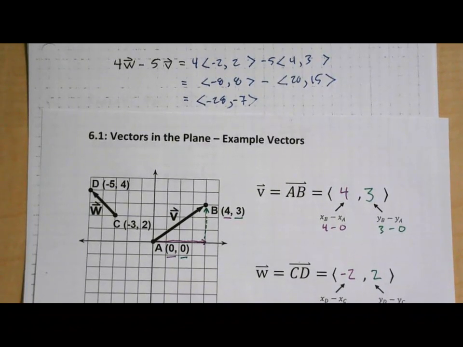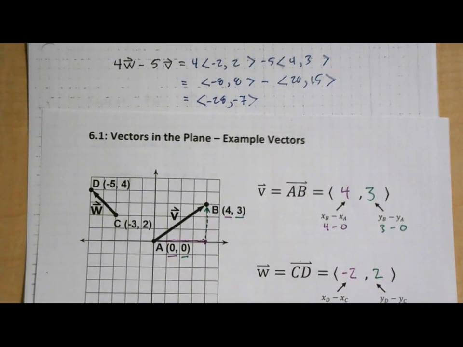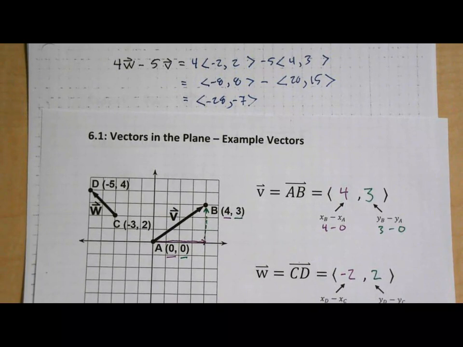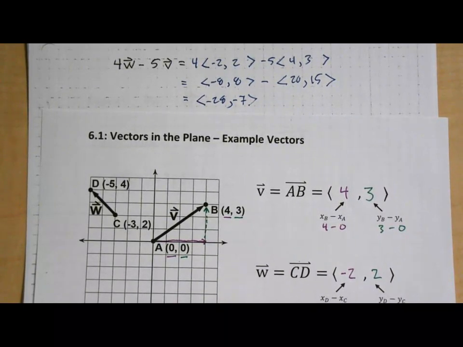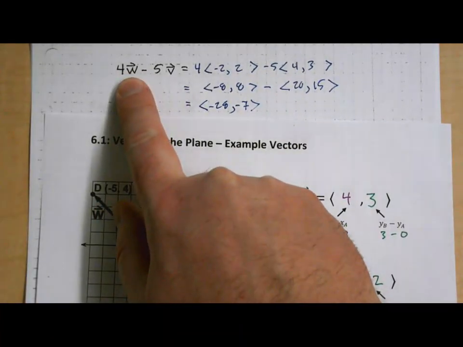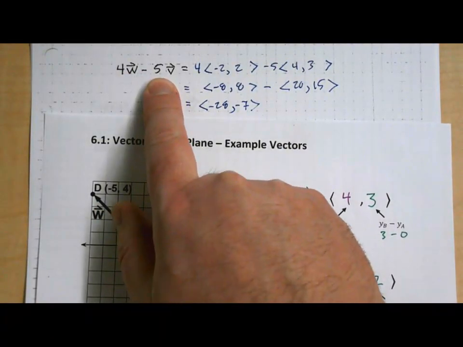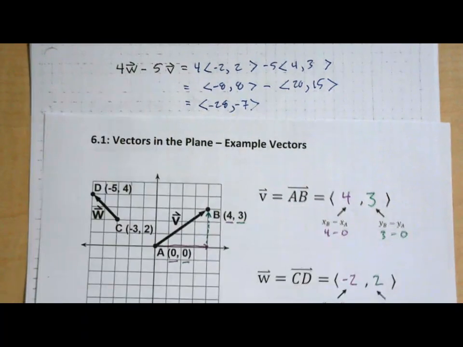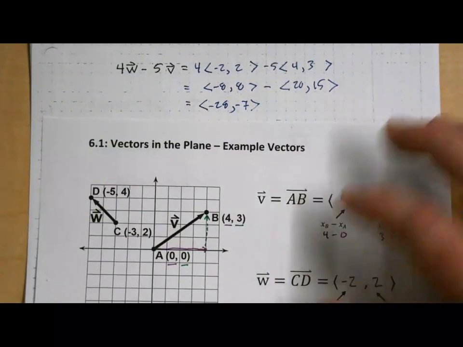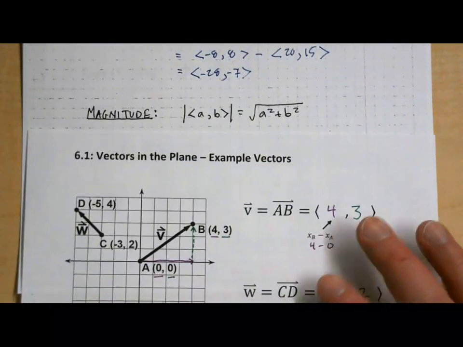But please follow my recommendation and speak in your mind or out loud what's going on here. Get really comfortable with this notation for when things get more complicated. So when you're doing this problem, say in your head, I'm doing 4 times vector W minus 5 times vector V. Make sure we're putting that vector in front of these. It seems weird that I'm asking you to do that, but you'll see why when things get kind of messy. All right, let's talk about magnitude.